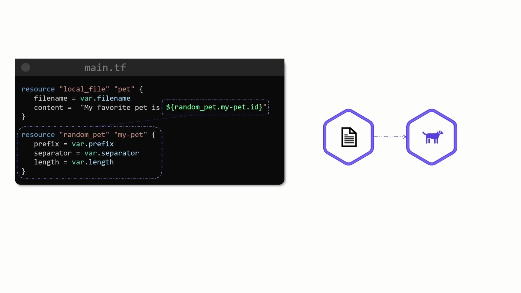Now, when Terraform creates these resources, it knows about the dependency, since the local_file resource depends on the output of the random_pet resource. As a result, it uses the following order to provision them. First, Terraform creates the random_pet resource, and then it creates the local_file resource. When resources are deleted, Terraform deletes them in the reverse order, the local_file first and then the random_pet.